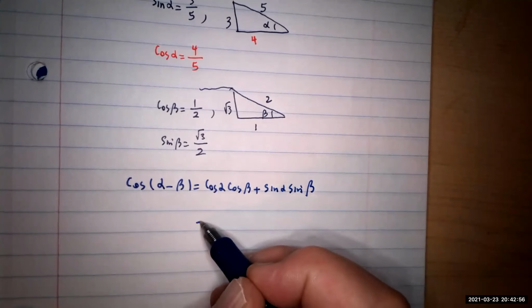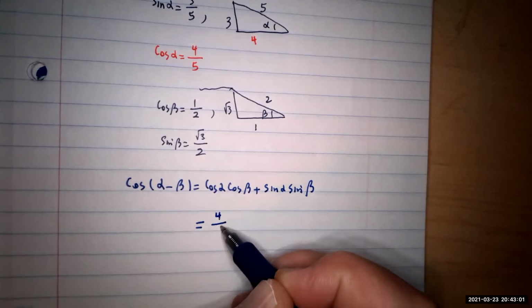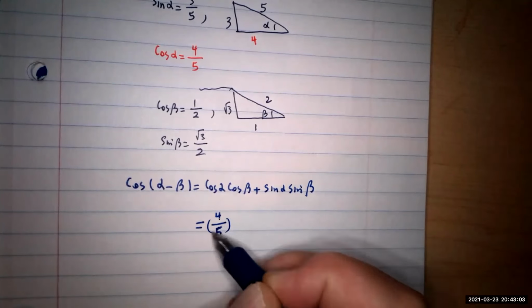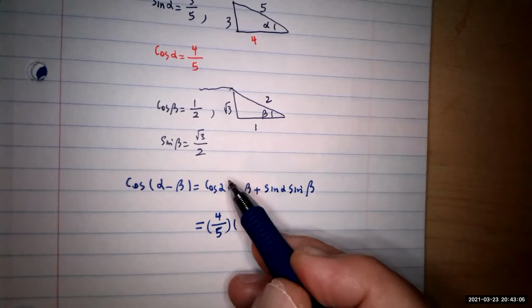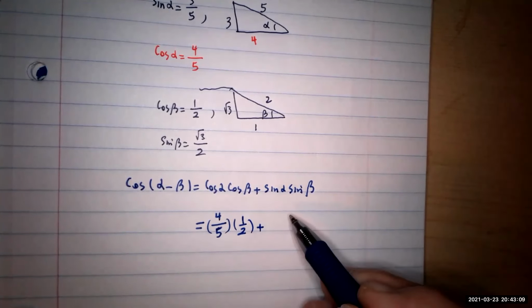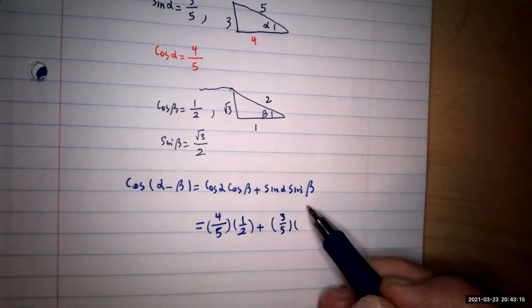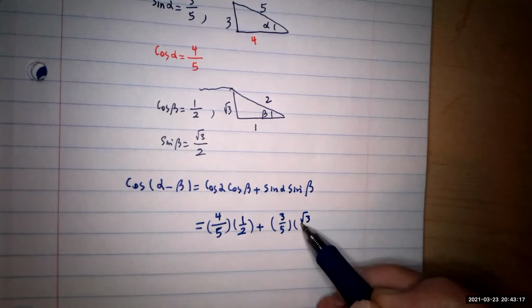Substitute. Cosine of alpha is 4/5, times the cosine of beta, which is 1/2, plus sine of alpha, which is 3/5, times sine of beta, which is radical 3/2.